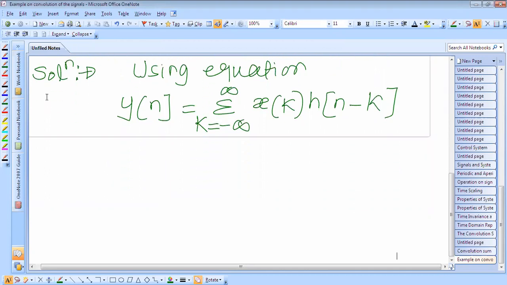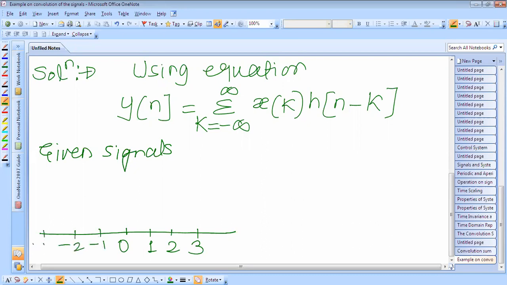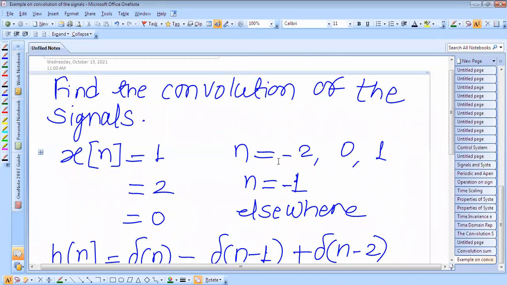Now, what is the given signal? See, at n is equal to -2 and -1, the values are 1 and 2, at 0 it is 1, at 1 it is 1, and elsewhere it is 0.